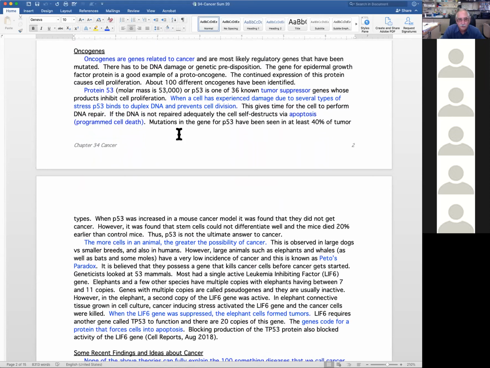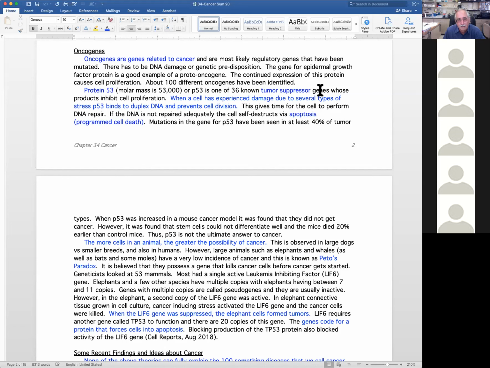So what is an oncogene? It's simply a gene related to cancer. And so here's an interesting problem. P53 stands for protein 53 because it was a protein with a molar mass of about 53,000, and is one of 36 known tumor suppressor genes.